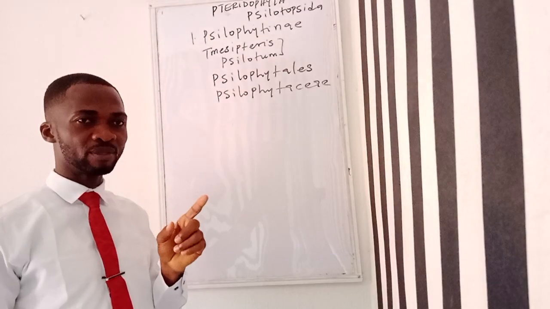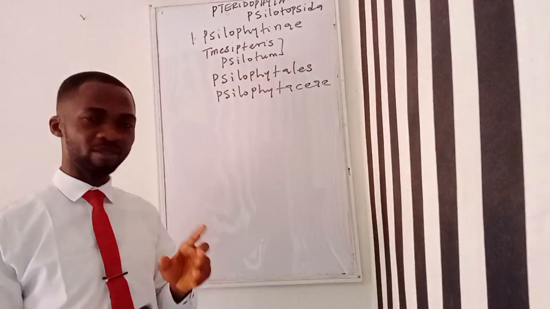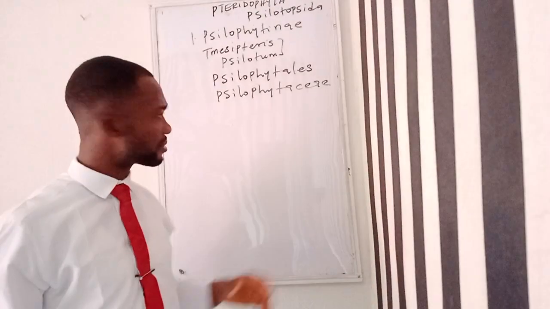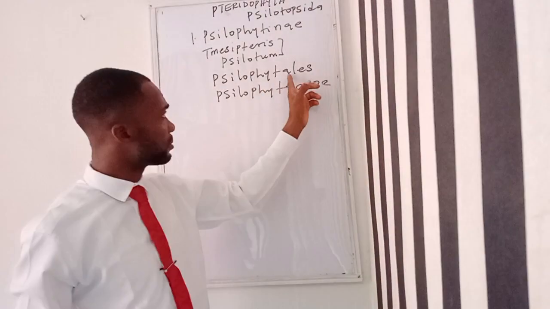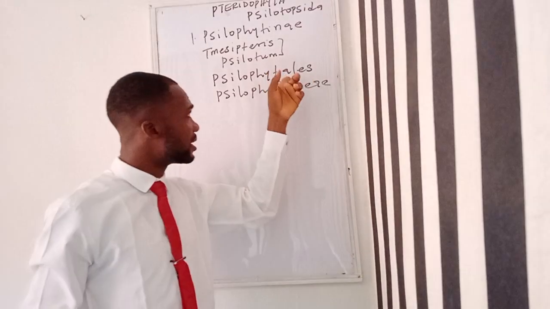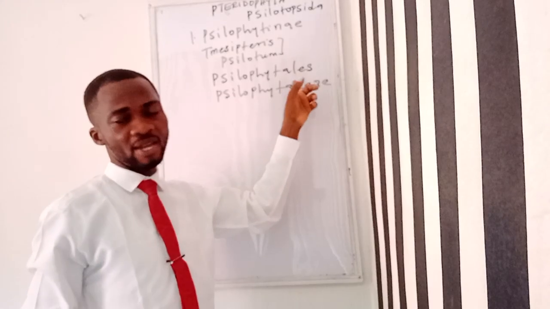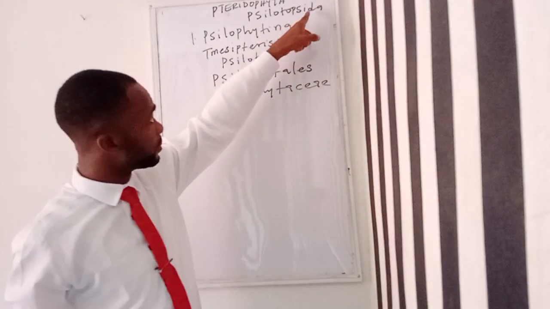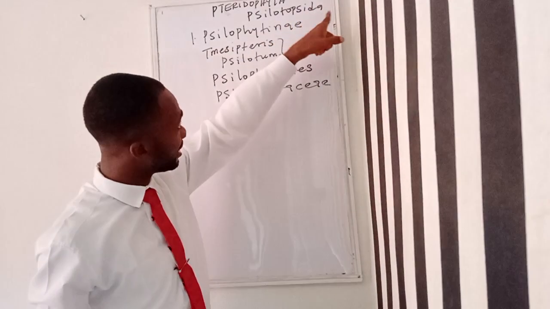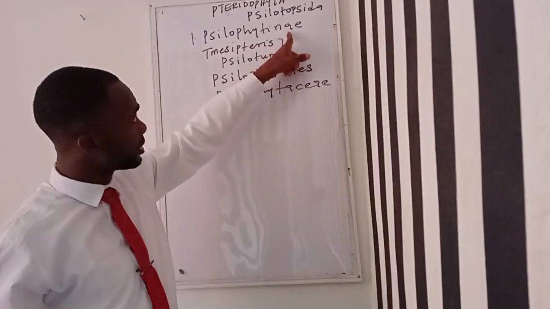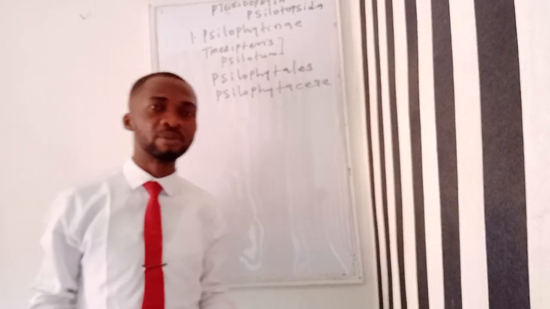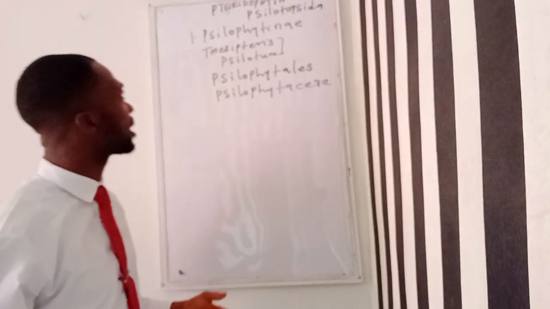That's the name of a family, in the majority of cases, even though not in all cases. Then when a name ends with ALES, it means it's talking about an order. Then when it ends with IDA or AE, sometimes it may be referring to a class.